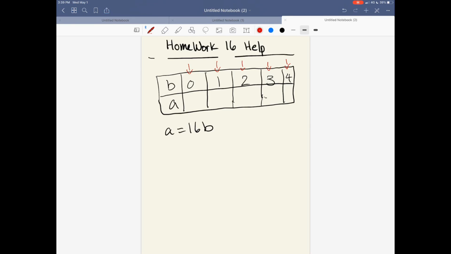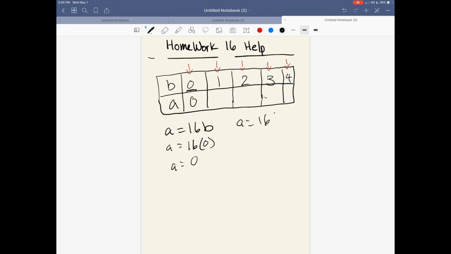Okay, so we'll take the first one. A equals 16 times, and the first B is 0. Okay, I got that from right here, the chart that they give me. Okay, so 16 times 0 is 0. Alright, nice and easy. We're going to do that for all of them.